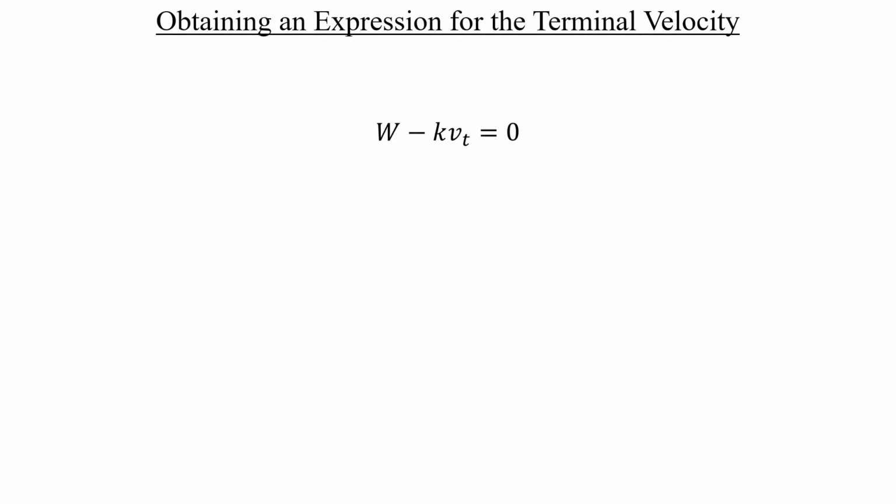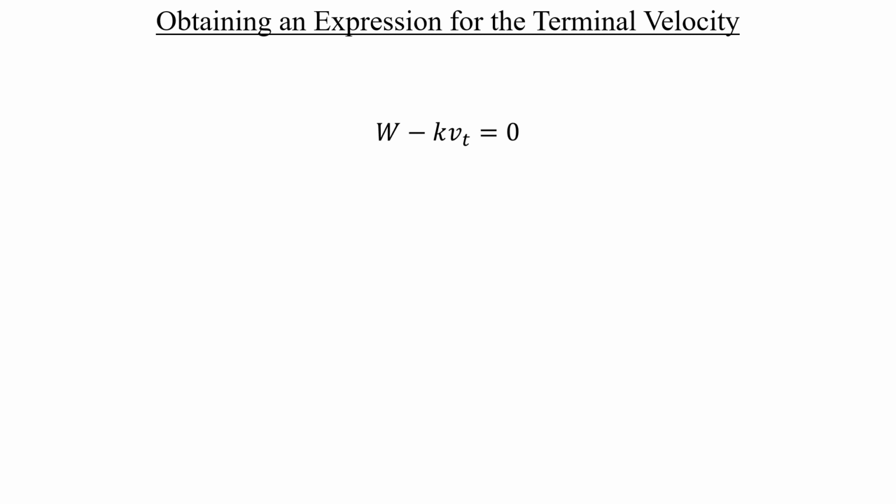If you've seen the video for problem number 22 in this playlist, this approach may look pretty familiar. Here we have the sum of forces in the y direction on the left with our velocity variable exchanged with a new one, v sub t, where it represents the terminal velocity. And on the right, we've set the acceleration to 0, because once we hit terminal velocity, we don't accelerate anymore.